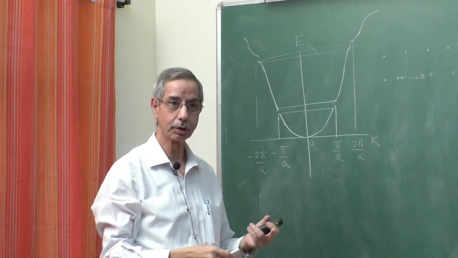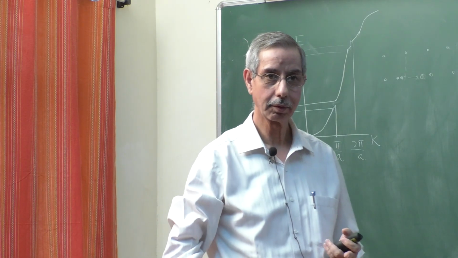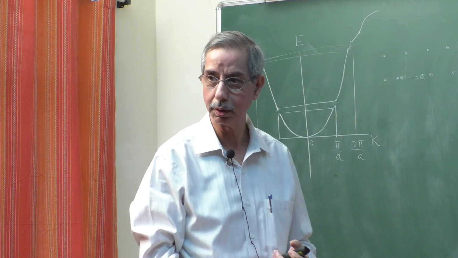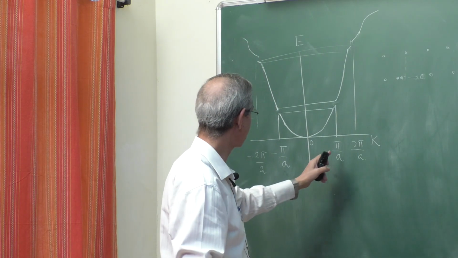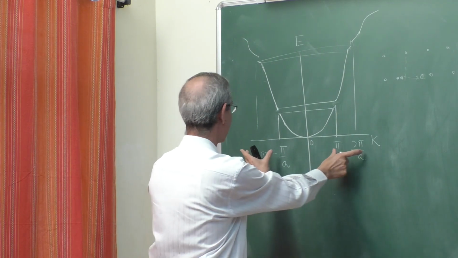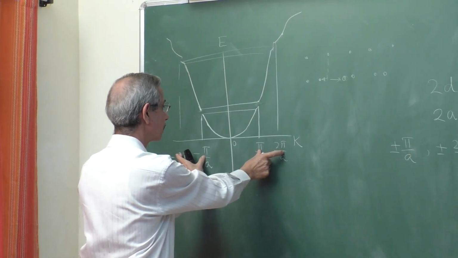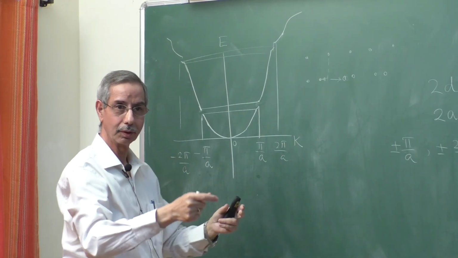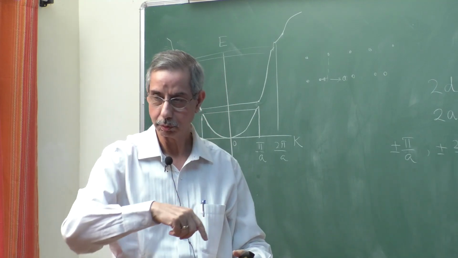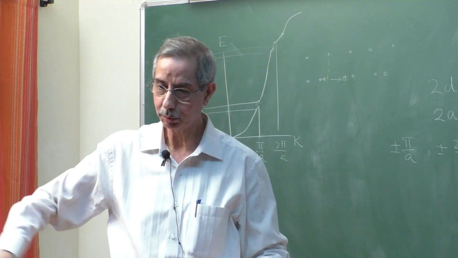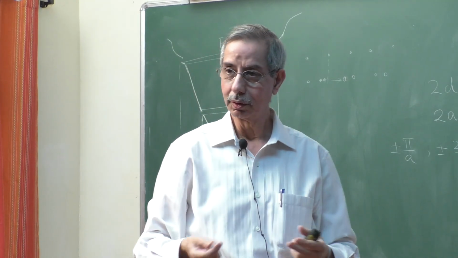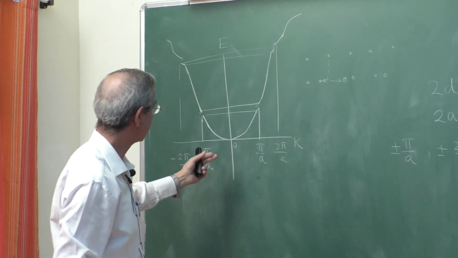It's called the repeated zone scheme, where you have first Brillouin zone between this, and second Brillouin zone is between this and this, third Brillouin zone between these two, and so on. So this is concentric. One first Brillouin zone, then second Brillouin zone, then third Brillouin zone, and so on. Okay? Now this is called the repeated zone scheme.